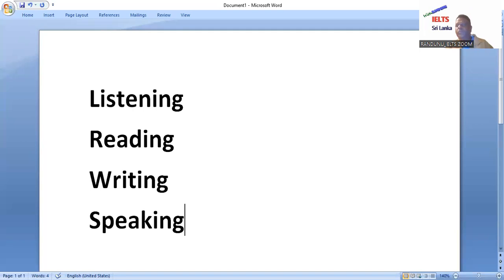So these are the four components in the IELTS examination. Whether you do general IELTS or academic IELTS, computer-based or paper-based, UKVI or whatever, you have these four components, right? So out of these four, I'm going to talk about reading.